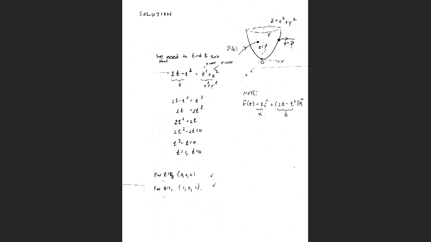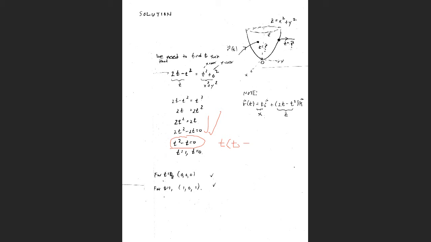So what we have to do is we have to solve this algebraically, and what we'll do is we'll bring 2t over to the left side. Now we can divide by 2, which is what we did, we divide through this equation by 2 to get the equation t squared minus t equals 0. And then, of course, we can factor out a t.